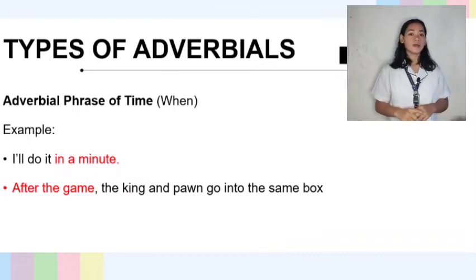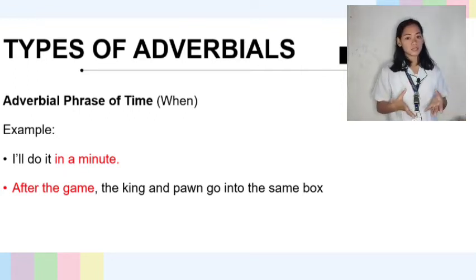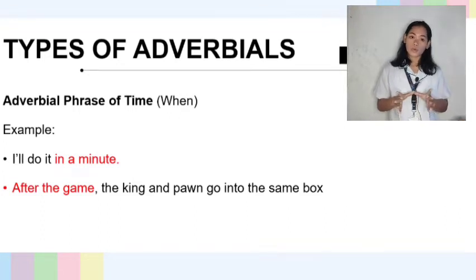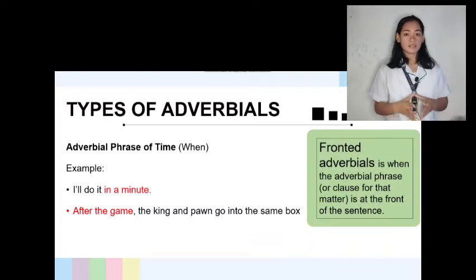Next example, after the game, the king and pawn go into the same box. So, the adverbial phrase here is after the game because it gives us information about when the king and pawn go into the same box. And when the adverbial phrase is at the front of the sentence, we call it the fronted adverbials.